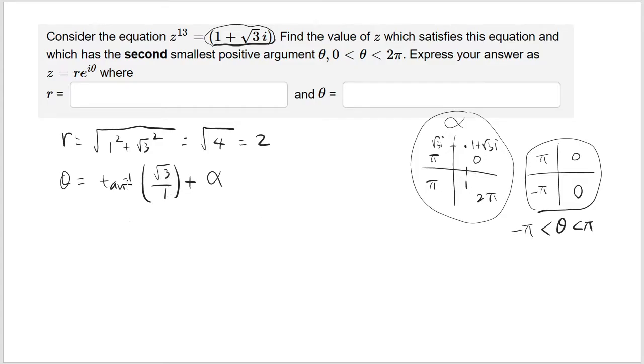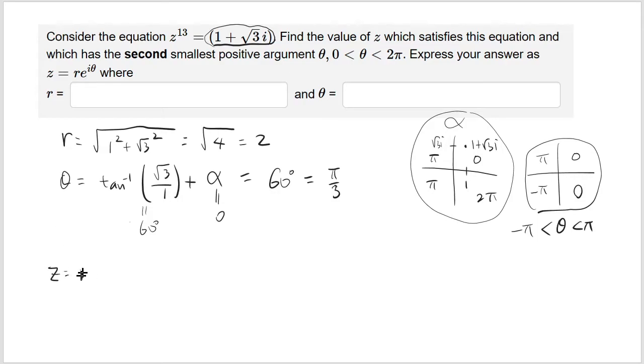And if you know the tangent of 60 degrees is radical 3, then since this is 0 and this is 60 degrees, adding these gives you 60 degrees, which in radians is pi over 3. Okay, so we have pi over 3.